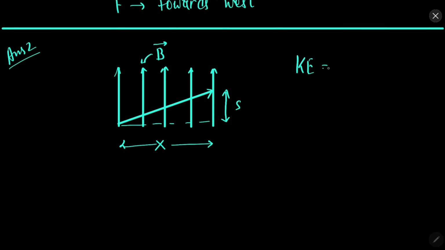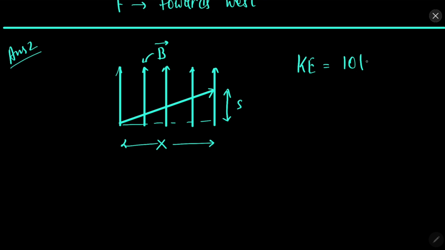So kinetic energy is given as 10 keV, which will mean 1.6 into 10 to the power minus 15 joule, because 1 eV is equal to 1.6 into 10 to the power minus 19 joule.